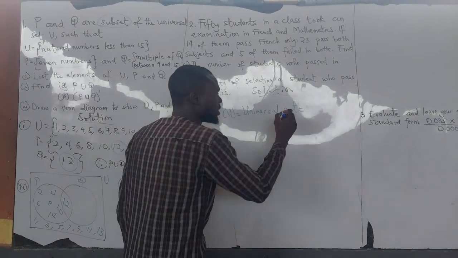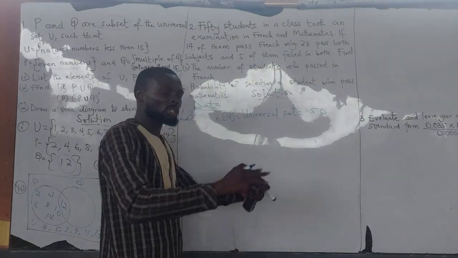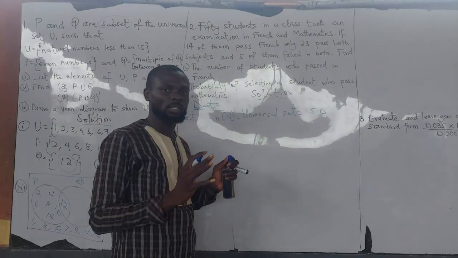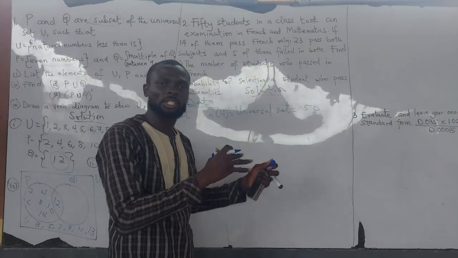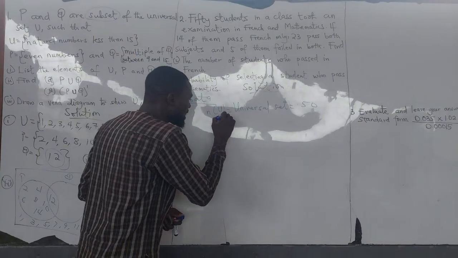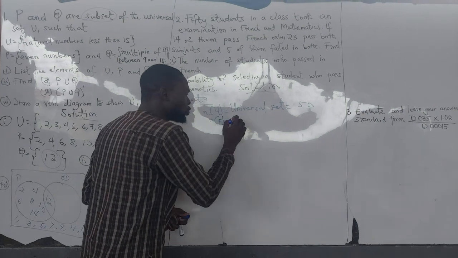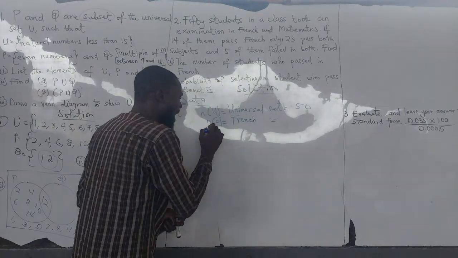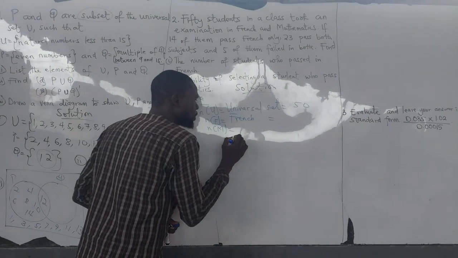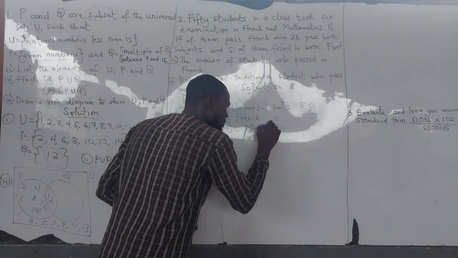From the question, there are 50 students. So the universal set is 50. That is good. The subjects they mentioned are French and mathematics. So we can say the number F should be French, and the number M should be mathematics.